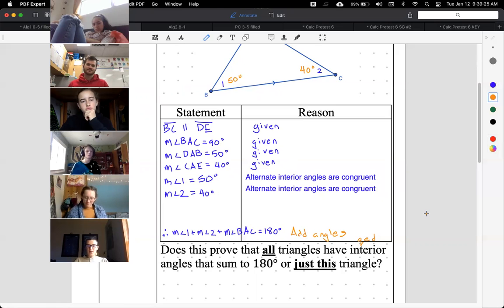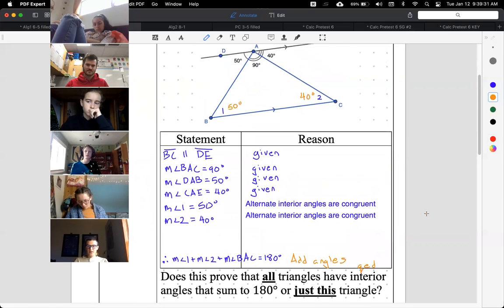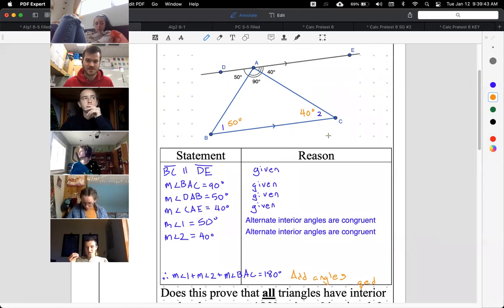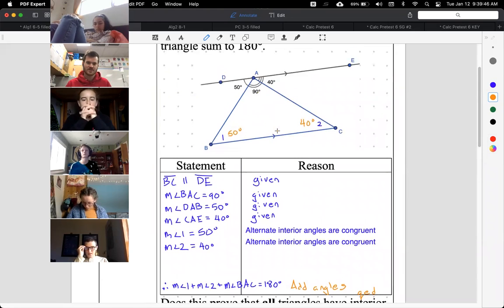Charles? Well, we only did this proof for one triangle. We didn't change it in any way. It's just this one triangle. Okay, well, let me ask the question a different way. How could we have changed the picture up here, or the original type of question, to make it so that we did a proof for all triangles?